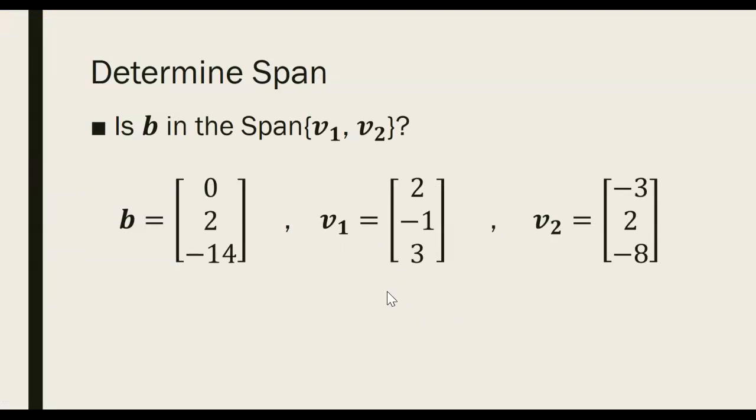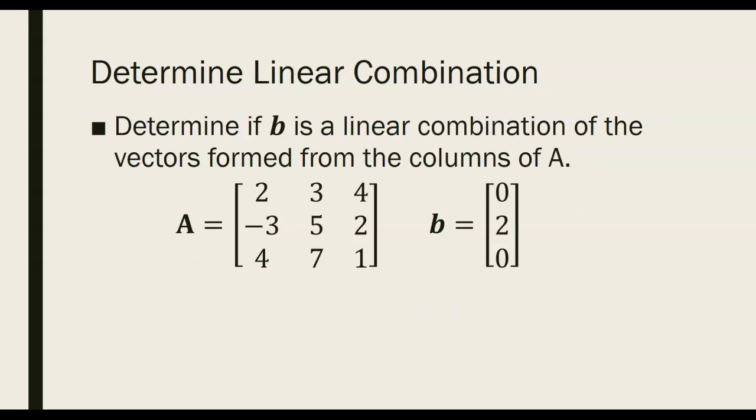All right, I want you to try one more version of this. The other version of asking the same question is just asking the same question, but instead of having our vectors separated out, we ask ourselves, is B a linear combination of the columns of A. So I view the columns of A as three separate vectors.